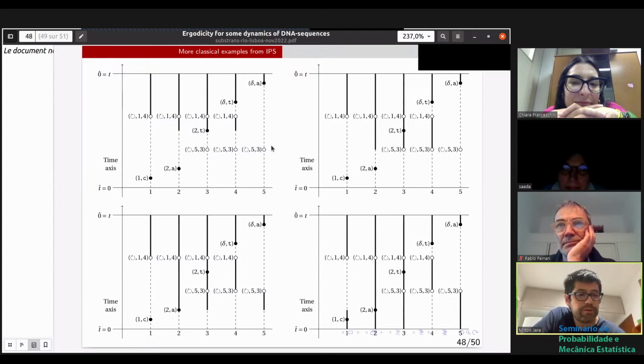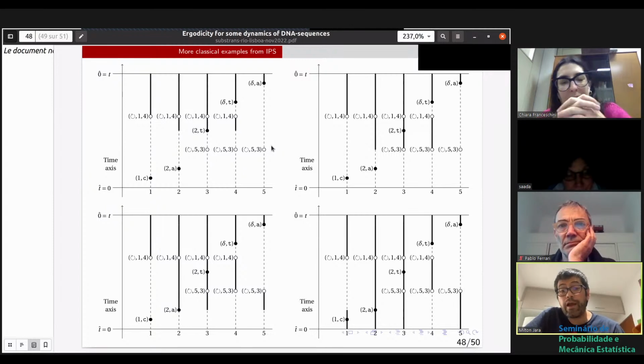The first question is about the mean field prediction. In principle, the mean field prediction for this model will be a 4-dimensional ODE. And the question is whether your conditions imply that this 4-dimensional ODE has a unique attractor.